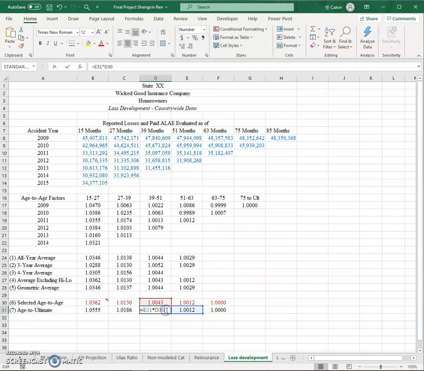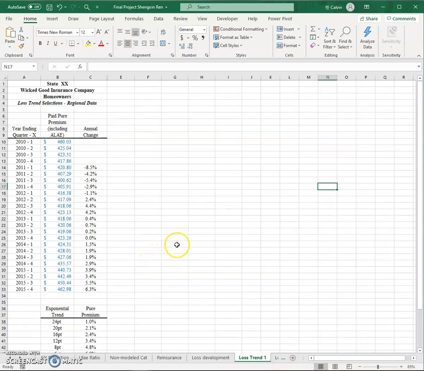We get this number. This one is 51 to ultimate times 39 to 51. One by one, we get the 15 to ultimate number, 1.0555.